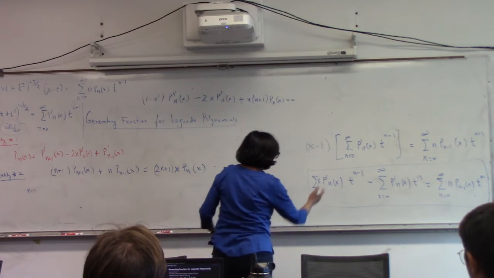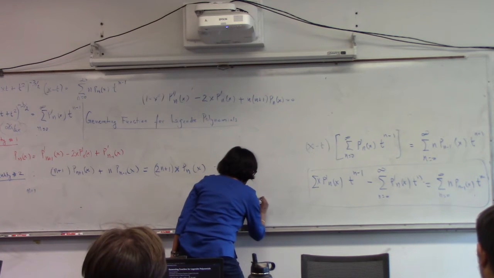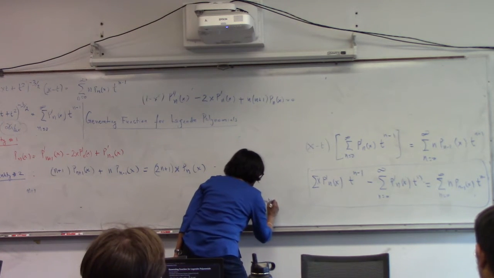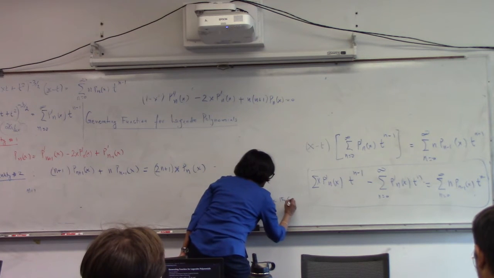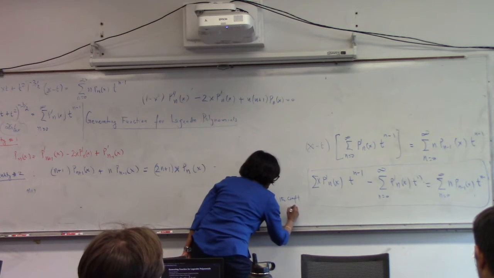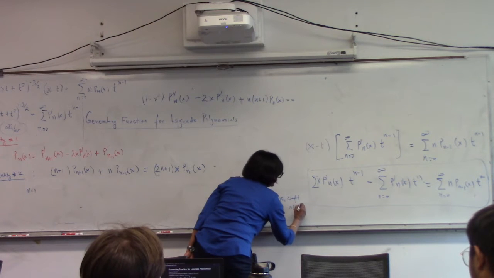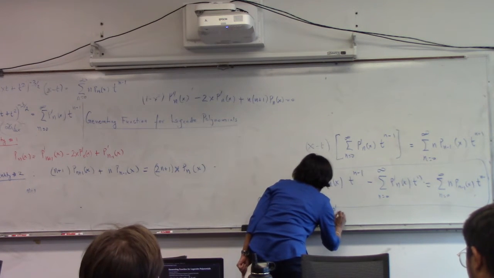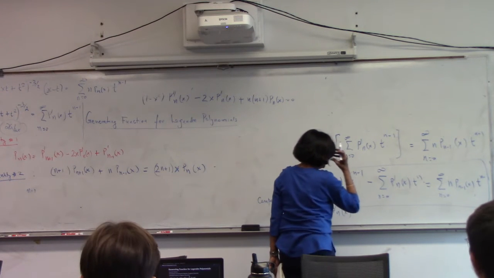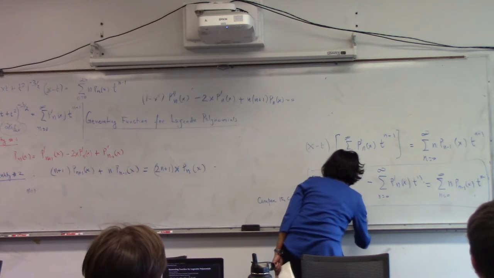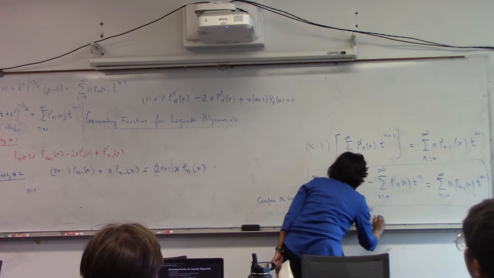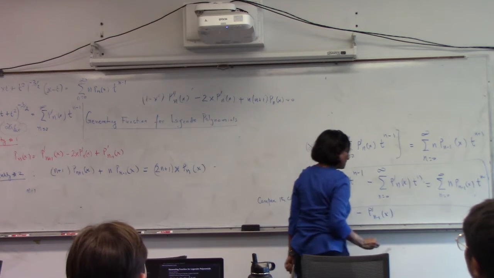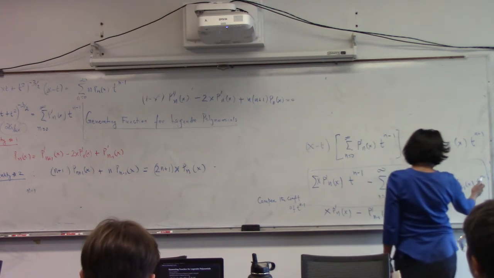So let's compare the coefficient of t to the power of n minus 1 here. That will give me x P prime n(x). I had to make n go to n minus 1 there, minus P prime n minus 1(x). What is this?